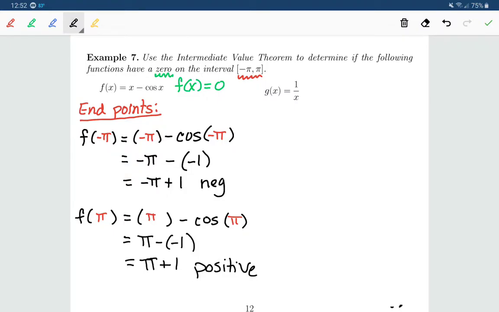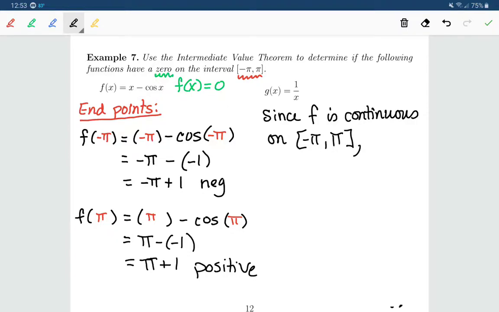So what we can say then is, since f is continuous on the interval negative pi to pi, and we know that because x is just a polynomial and the cosine of x is a trigonometric function, and the combination of those will be continuous on their domains. And they both have domains that are all real numbers. So of course it will be continuous on negative pi to pi.